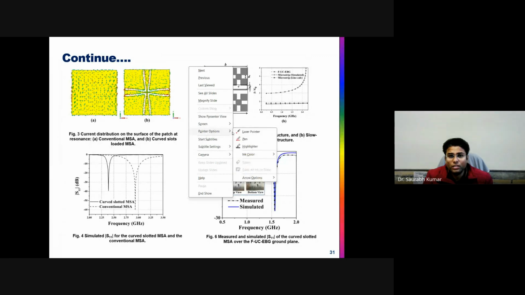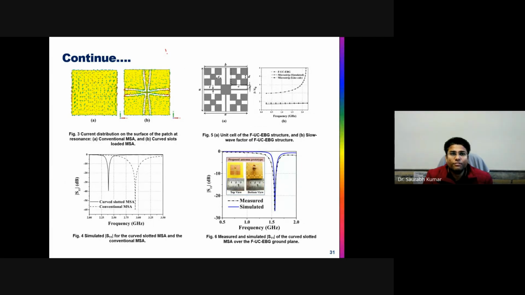In this slow wave region, the velocity is downshifted. I will give you one example. If the velocity of the wave is downshifted, and you know that the velocity is related to frequency times wavelength, and the wavelength of the antenna is fixed, you have not done anything with the wavelength, so to maintain the relation, your resonant frequency should be downshifted.